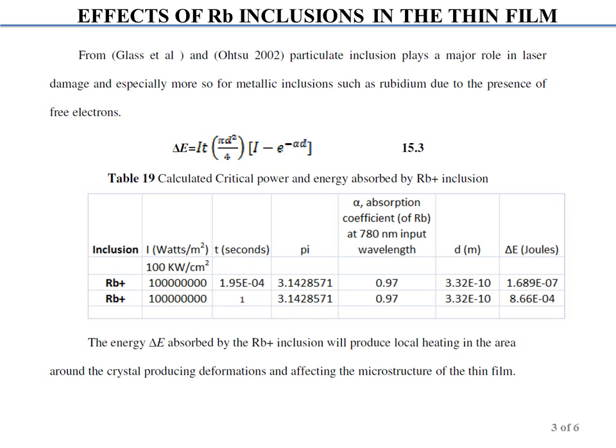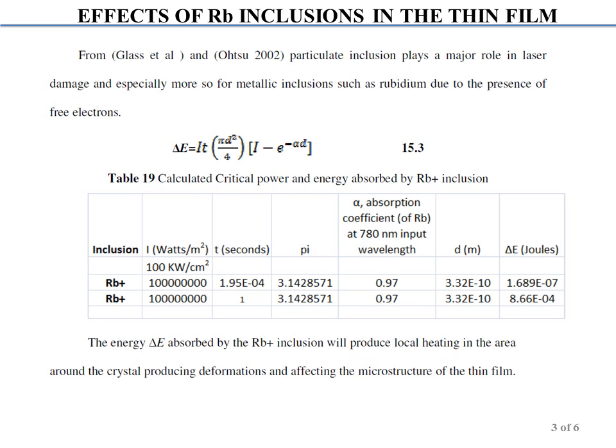In the next slide, we'll take a look at the effects of rubidium inclusions in the thin film. From Glass and Guenther, particulate inclusion plays a major role in laser damage, especially for metallic inclusions such as rubidium, due to the presence of free electrons. As you can see from equation 15.3, the delta E is the calculated critical power and energy absorbed by the rubidium ion inclusion.